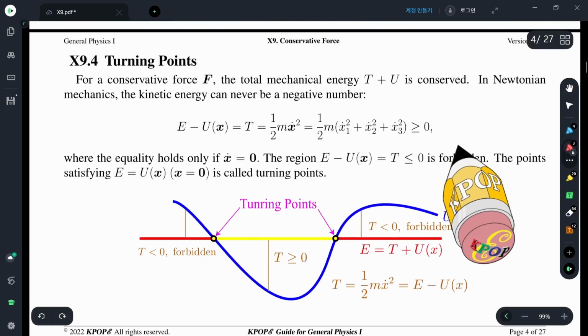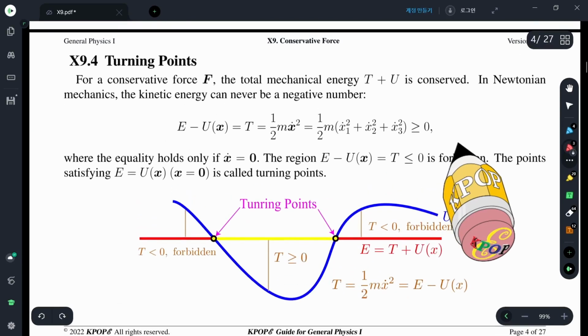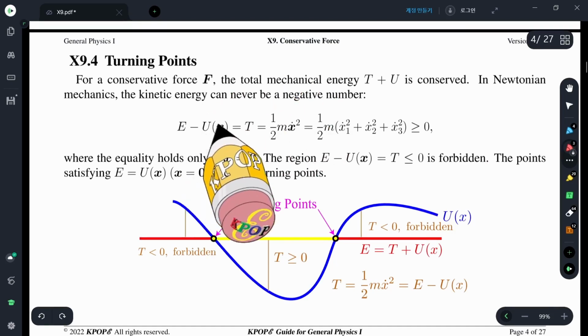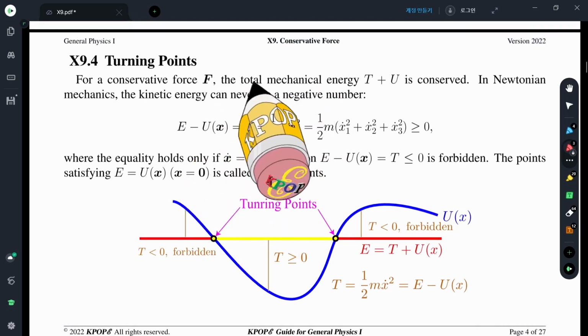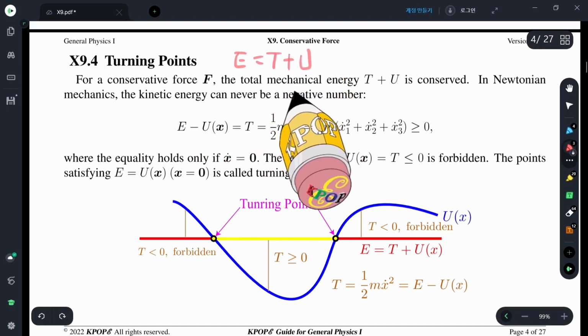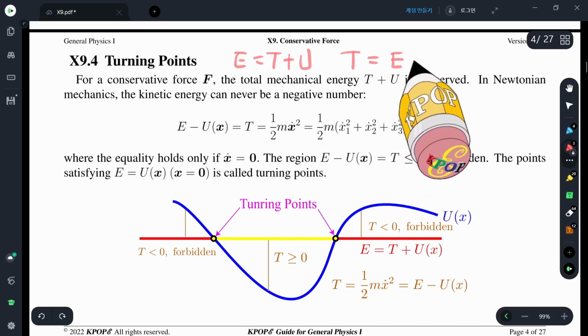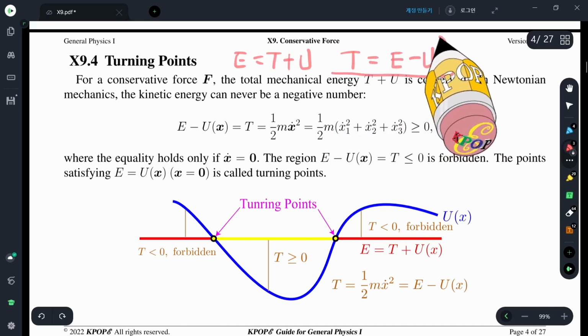Next, we consider the turning point. Because the total mechanical energy is conserved, the kinetic energy is the total mechanical energy subtracted by the potential energy.